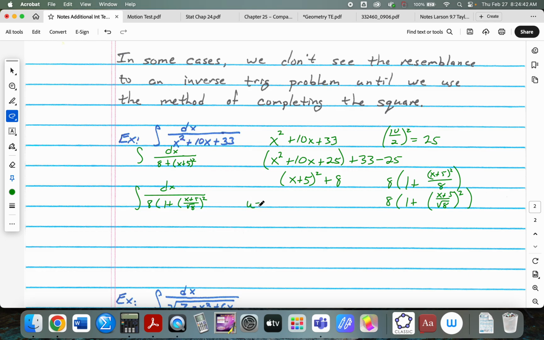If I let u be equal to x plus 5 over the square root of 8, du is 1 over the square root of 8 times dx. So I'll multiply both sides by the square root of 8. I get the square root of 8 du is equal to dx.